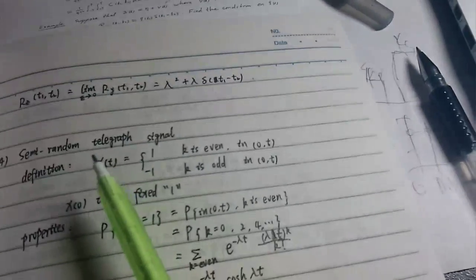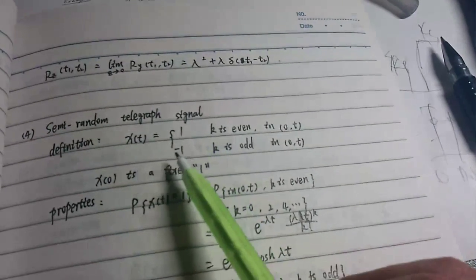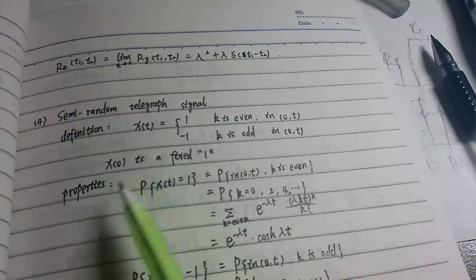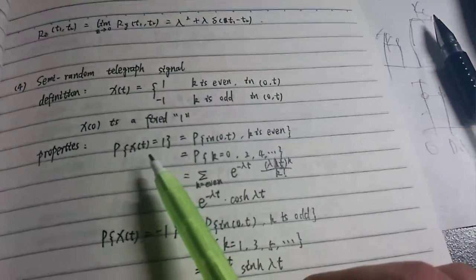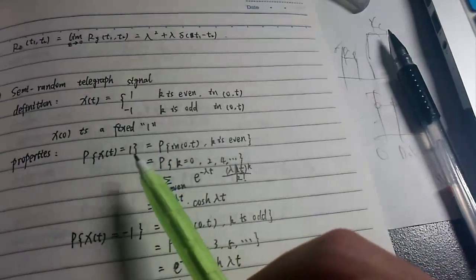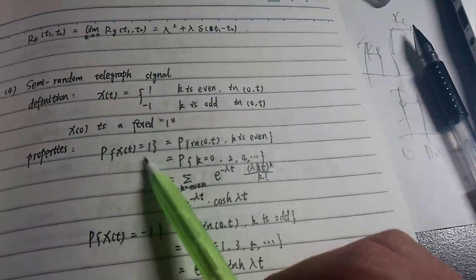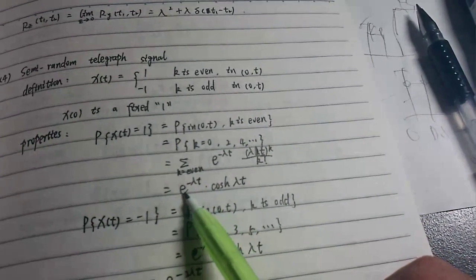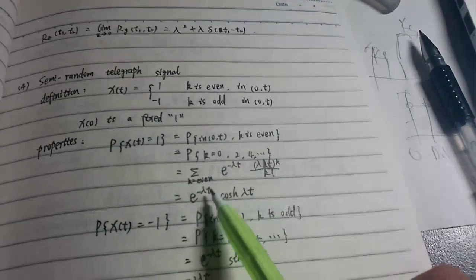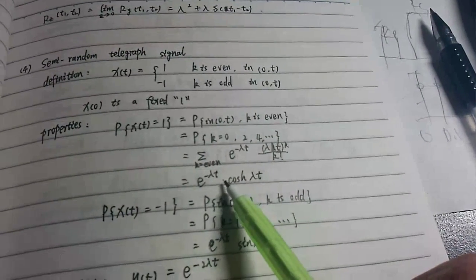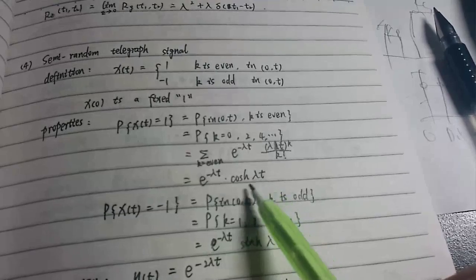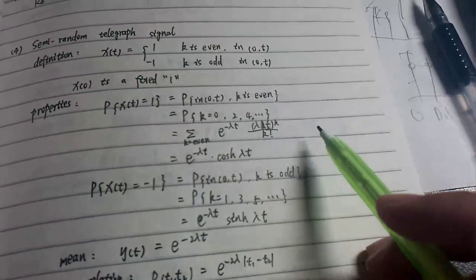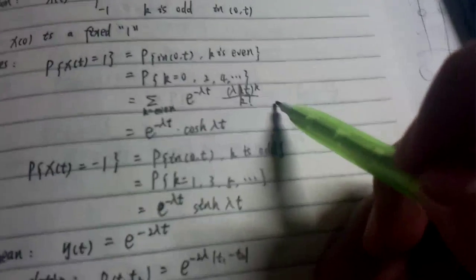And the fourth example is the semi-random telegraph signal. The definition is Xt is equal to 1 or minus 1 when k is even or odd, and the mass function is: the probability Xt is equal to 1 is equal to e to the minus lambda t times cosh lambda t. Cosh lambda t can be written as this thing.